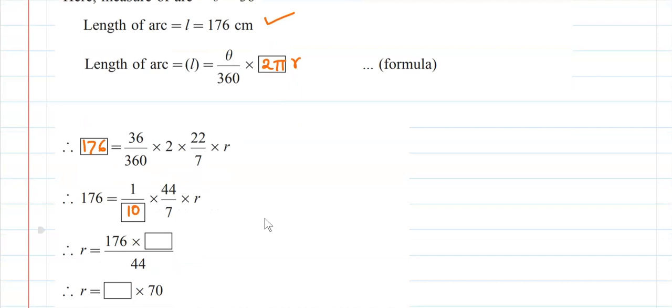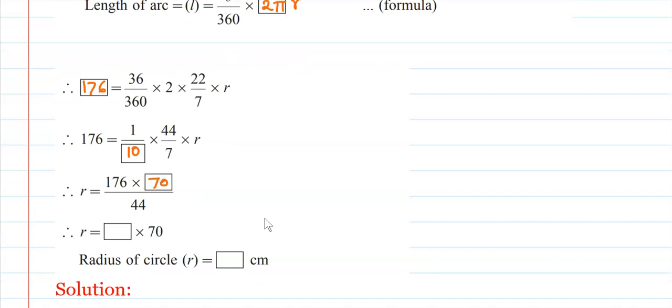And overall r is equal to 176 into 10 into 7, you will get here 70 upon 44, and after the division here you will get 4, that is 176 upon 44. You will get here 4, and hence r is equal to 280 centimeter. This is the radius of the circle.